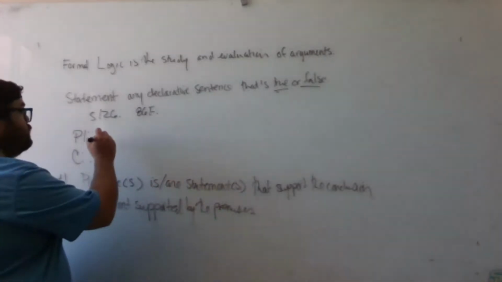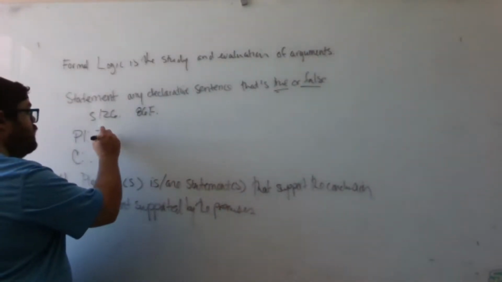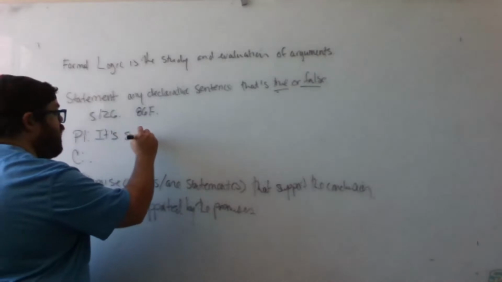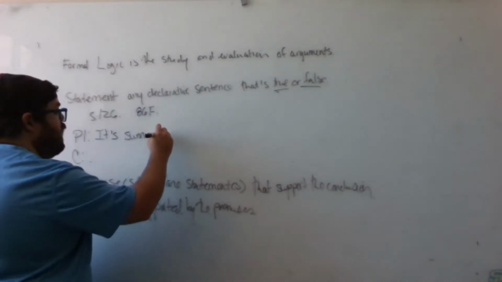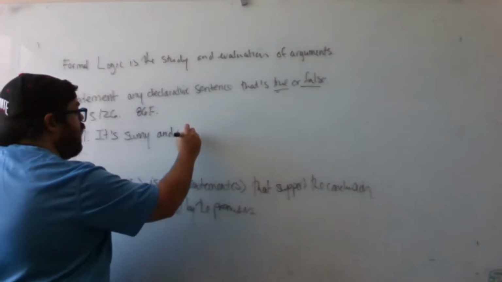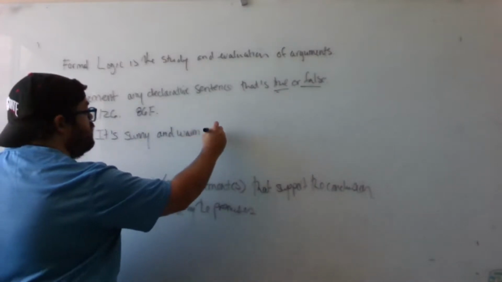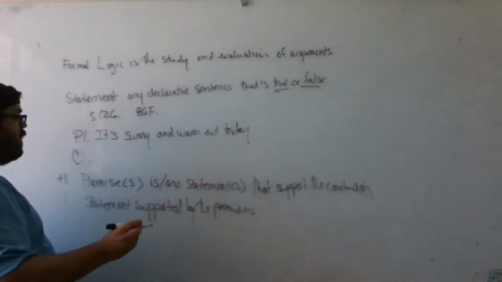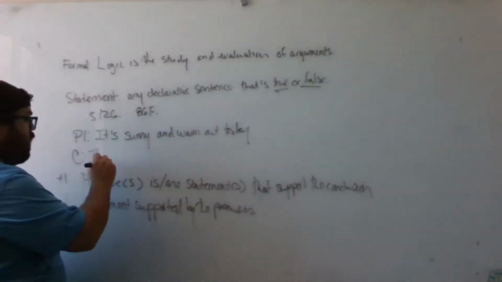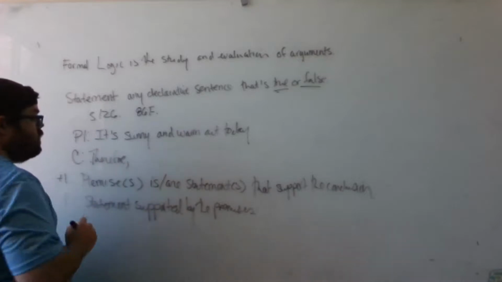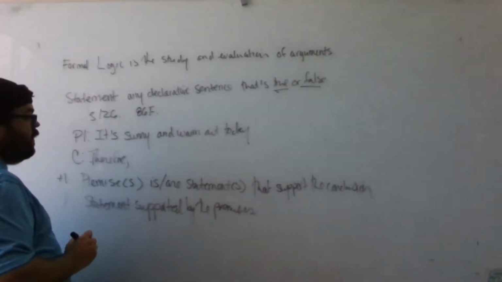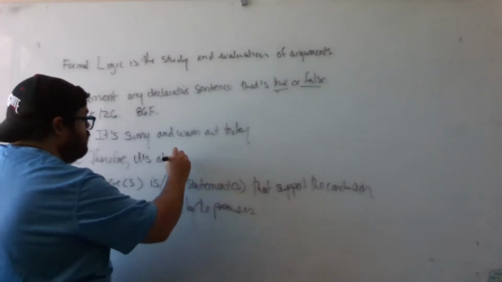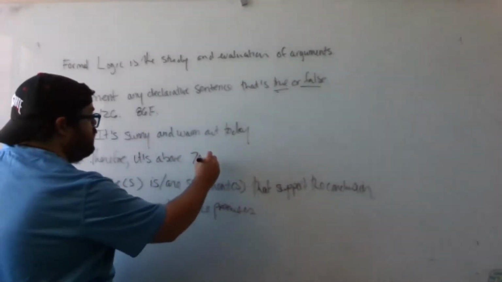Premise 1. It's sunny and warm out today. Therefore, it's above 70 degrees Fahrenheit.